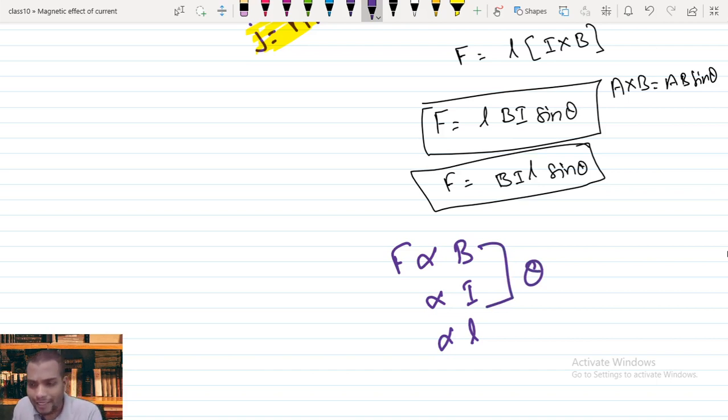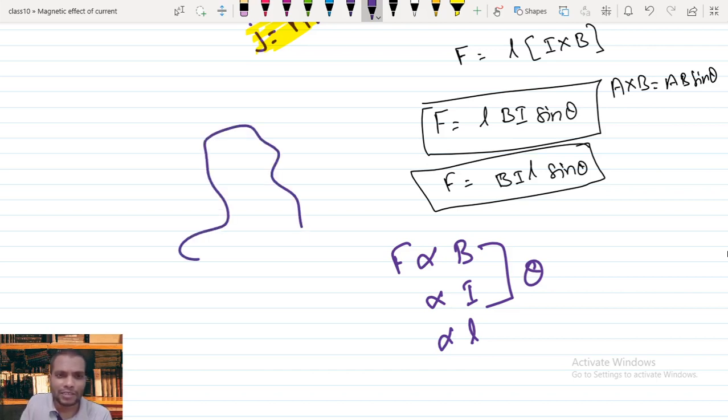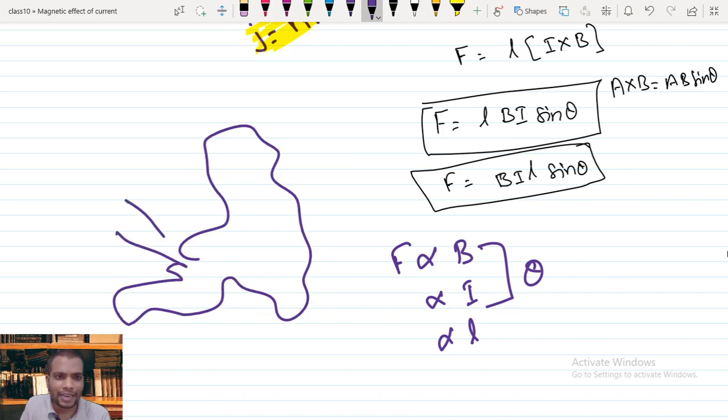How can you write the same expression if we have a crooked conducting material, a current carrying material like this? If you have that kind of conducting material, we need to find each elemental length dl.